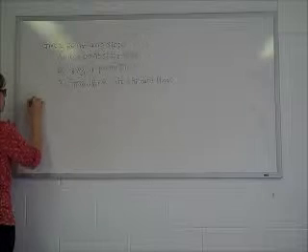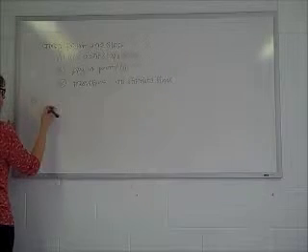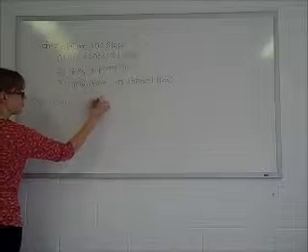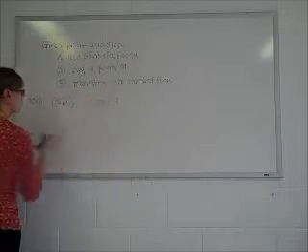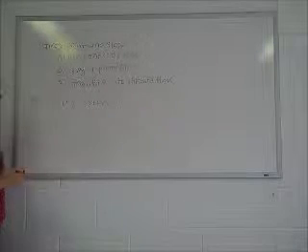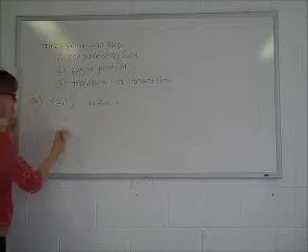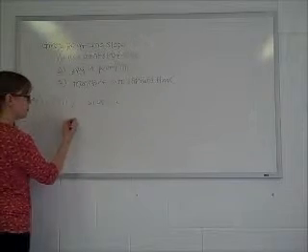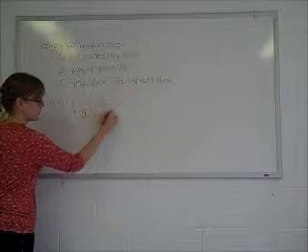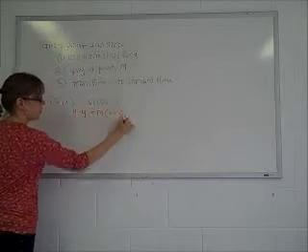So here's an example. So we have the point (5, 1), and our slope is 2. Remember that point-slope form, y minus y1 equals m times x minus x1.